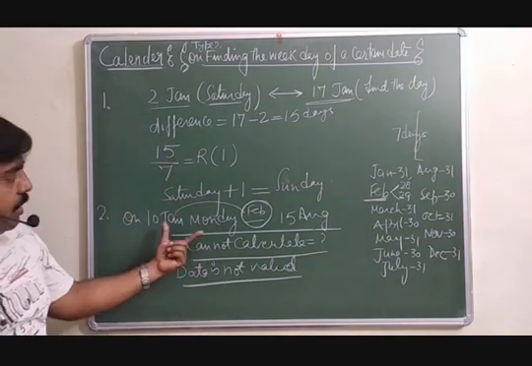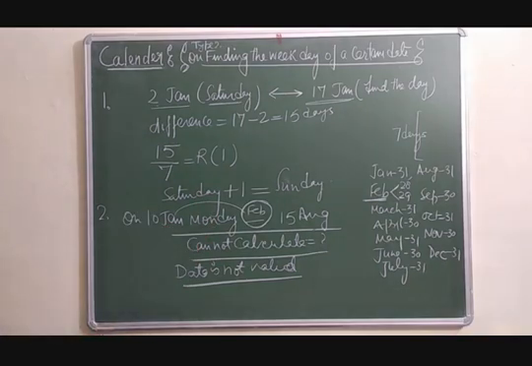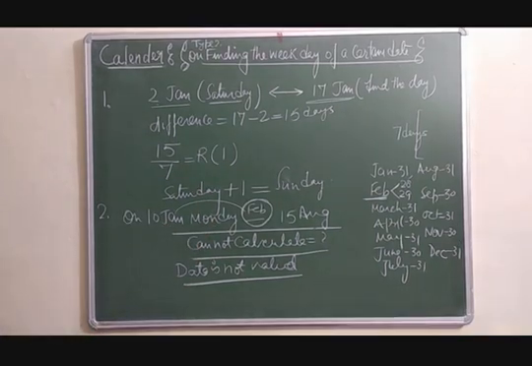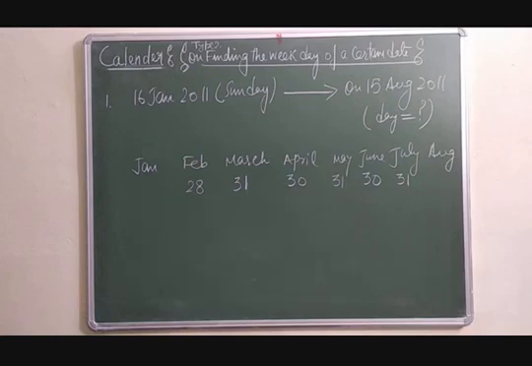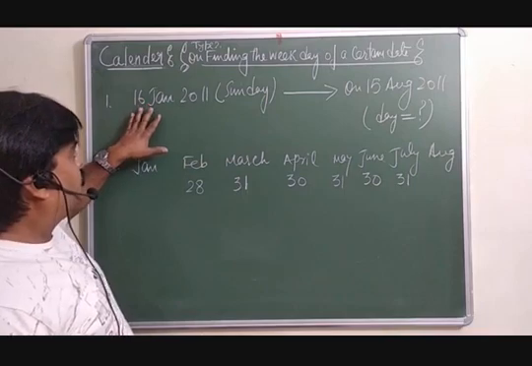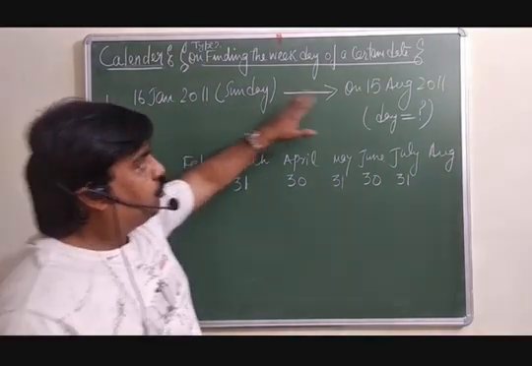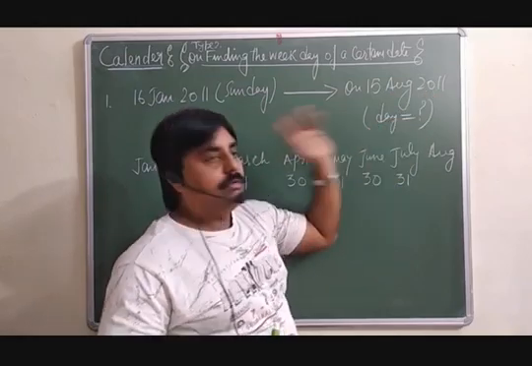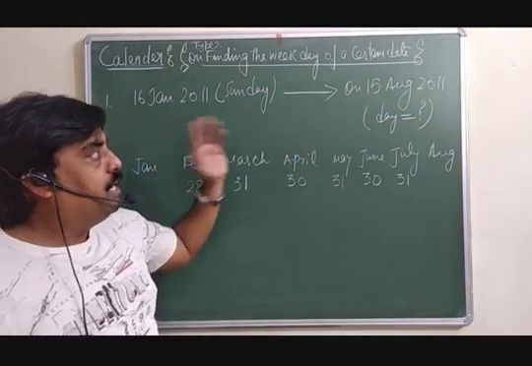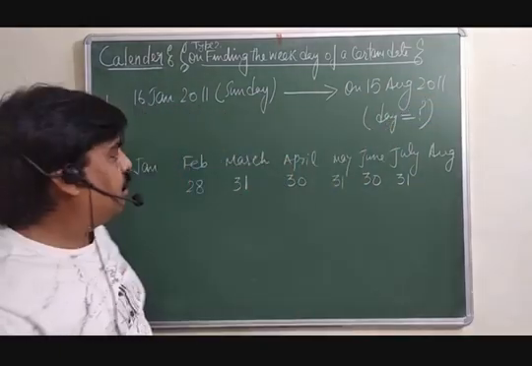So one more question I will take, in which the year is given. Have a look. Okay, now the question is: if 16 January 2011 is Sunday, then which day will be on 15 August 2011? How can you calculate it?